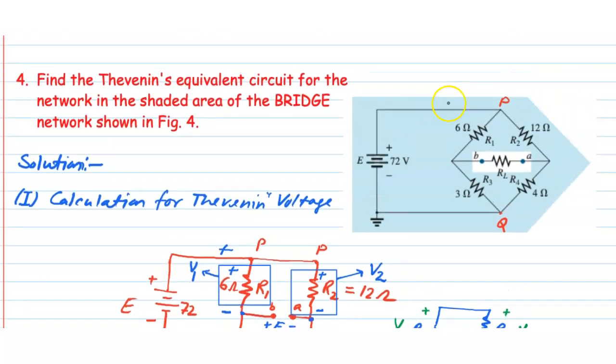In the original circuit, current flows through this path, and because it is open here, no current flows into this path. First we find the voltage drop V2 and the voltage V1, and ETH will be the difference of these two voltages, V2 minus V1.